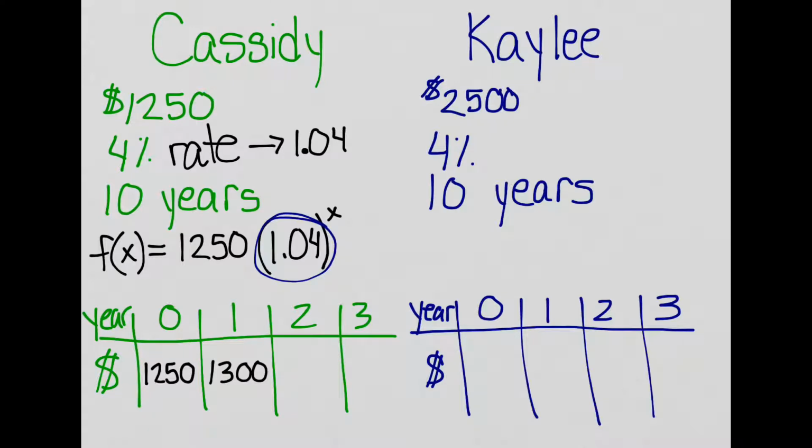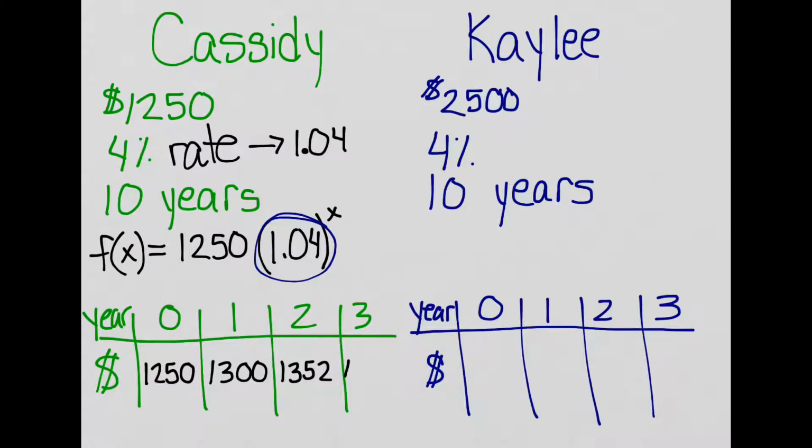Now we're taking that $1,300 and it's worth 100% of the $1,300 plus 4% more of the $1,300. And so when I multiply that by 1.04, I actually get 1,352. Now that is worth, the next year, all of the 1,352, 100% of that, plus 4% more of the new number.